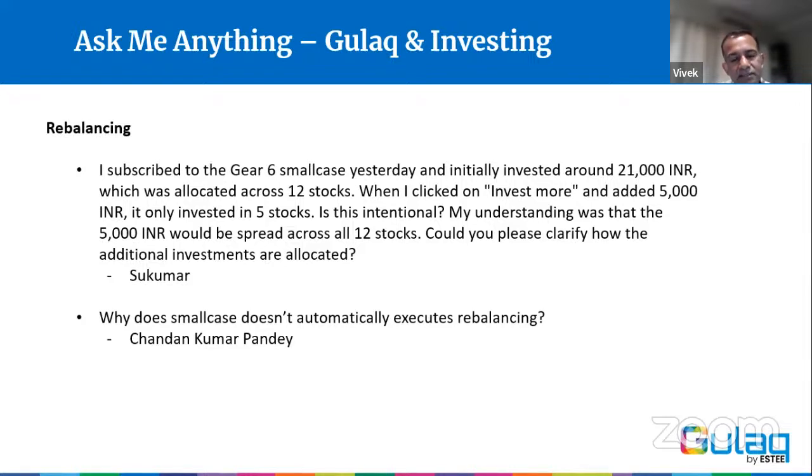That advice is reaching you through the platform of small case, and then you are the one who is sending those orders. When you click rebalance or when you click invest more, you are the ones who are taking that call of sending that order to your broker and then to exchange. So by regulation, nobody else can actually intervene in this and place orders on your behalf.